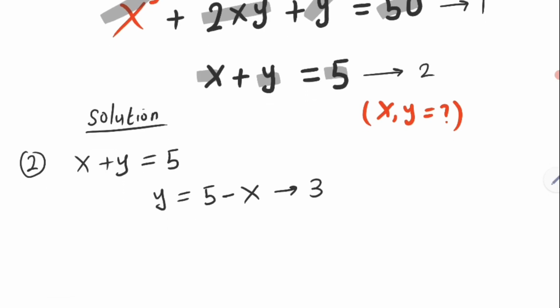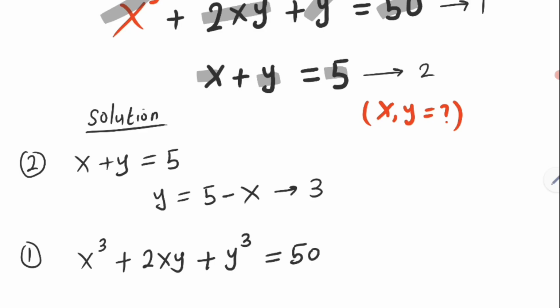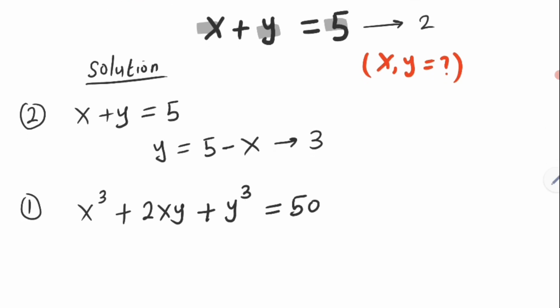Now from equation 1, which is x raised to power 3 plus 2xy plus y raised to power 3 is equal to 50, let us substitute for y equal to 5 minus x.